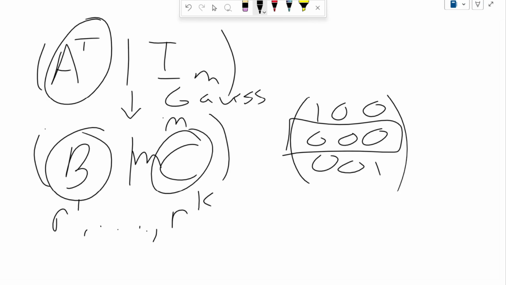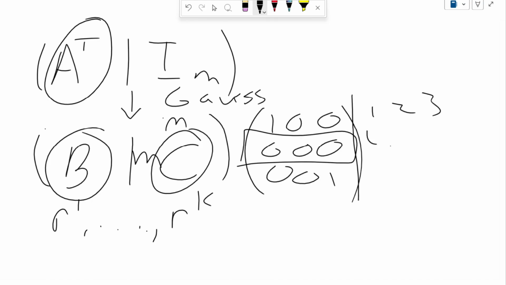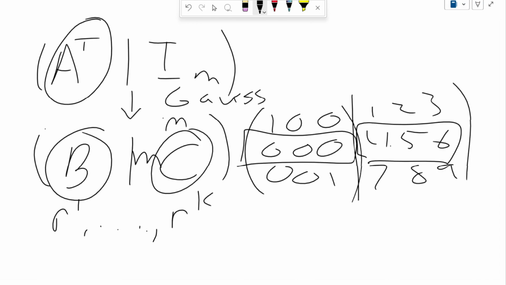Maybe this was the augmented matrix, and maybe C was 1, 2, 3, 4, 5, 6, 7, 8, 9. This is the vector we're going to take, and there might be more than one row. We're basically done.